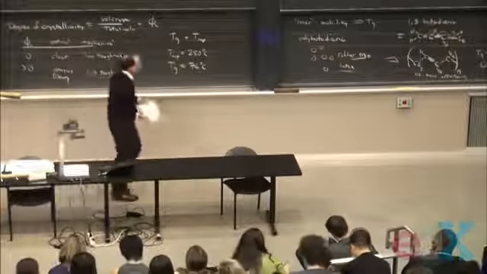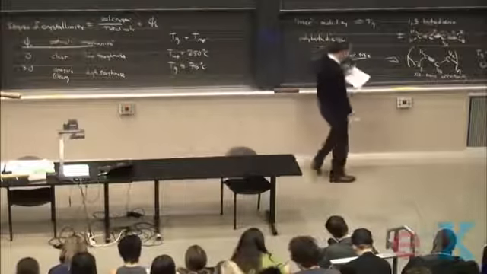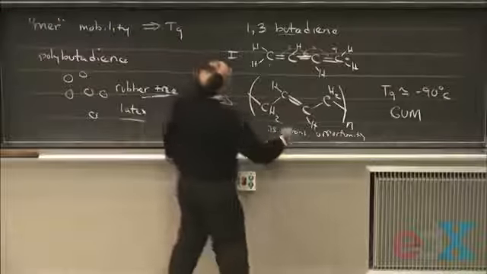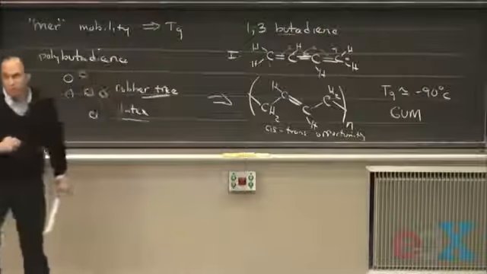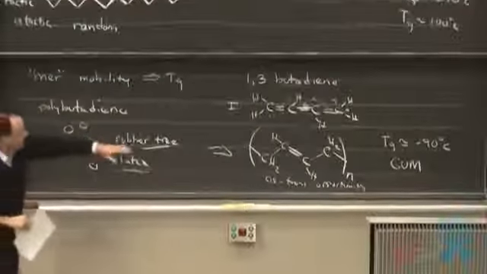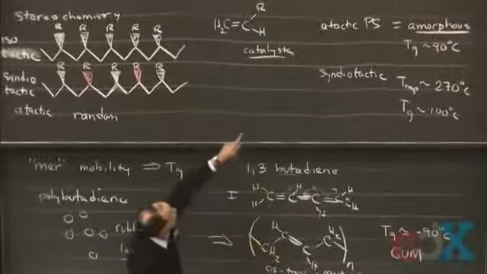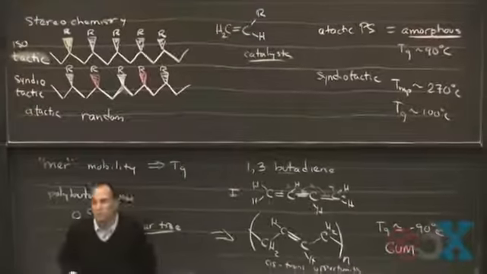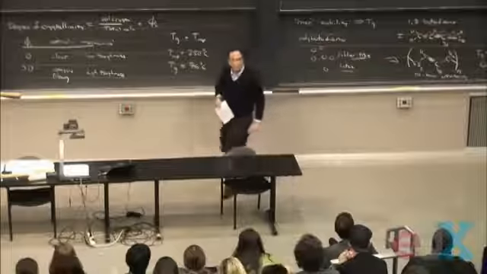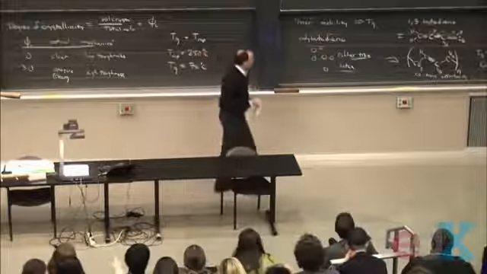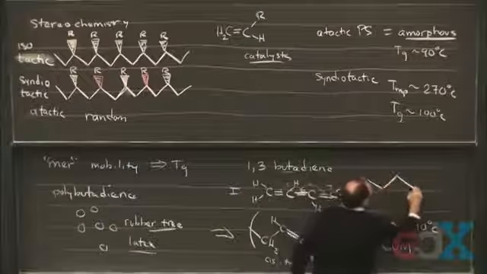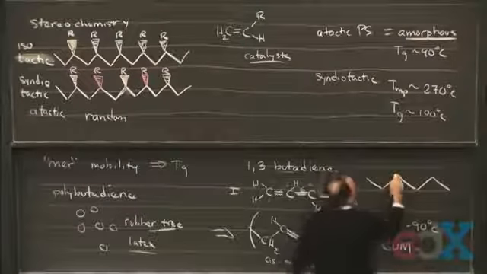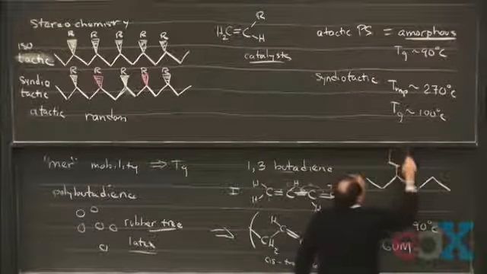Compare that with our favorite polystyrene. Polystyrene, TG is 90 degrees C. Now why do you think there's such a big difference between this and the polystyrene? Well, the substituent on the polystyrene, remember, the thing that's every other is a benzene ring.